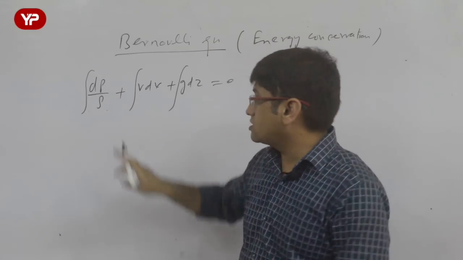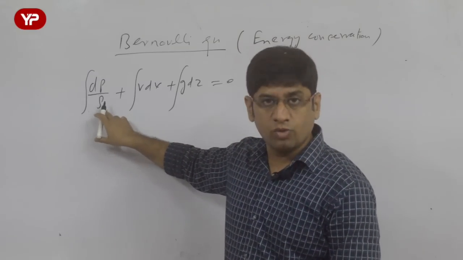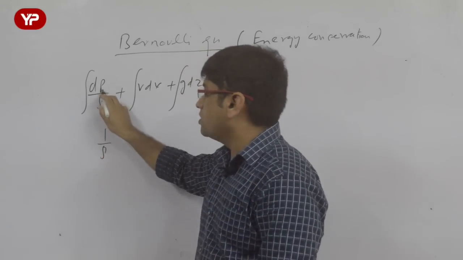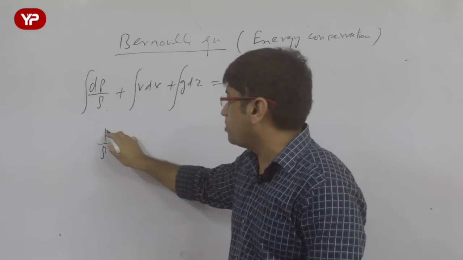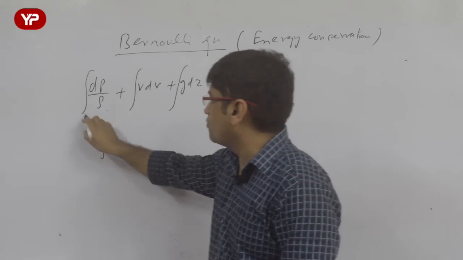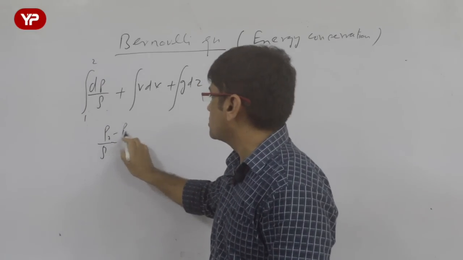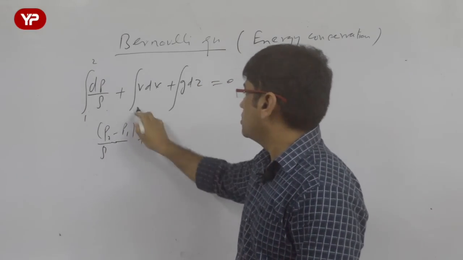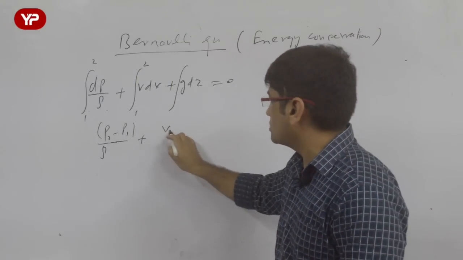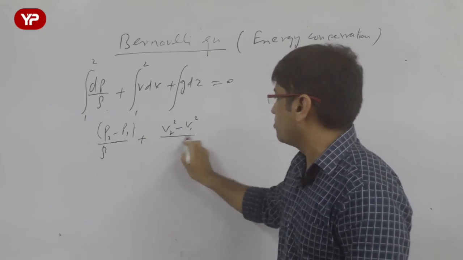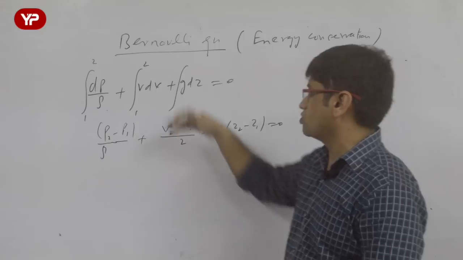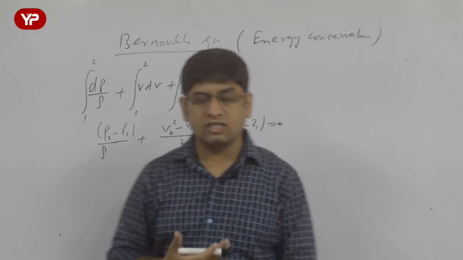Since the fluid is incompressible, rho is assumed to be constant, it can be taken out, and hence this is 1 by rho, and the integration of dP is nothing but P. If I say from 1 to 2, I get P2 minus P1 by rho, plus, what is the integration of VdV? You know that is V square by 2. So I write it as (V2 square minus V1 square) by 2, plus similarly g(Z2 minus Z1) is equal to 0. So I integrated between two limits, and this is what I got.